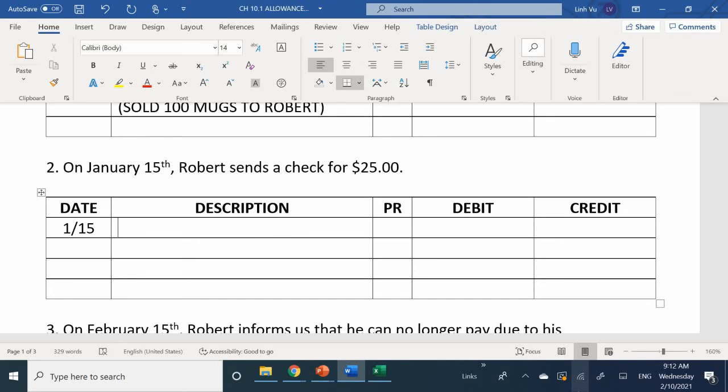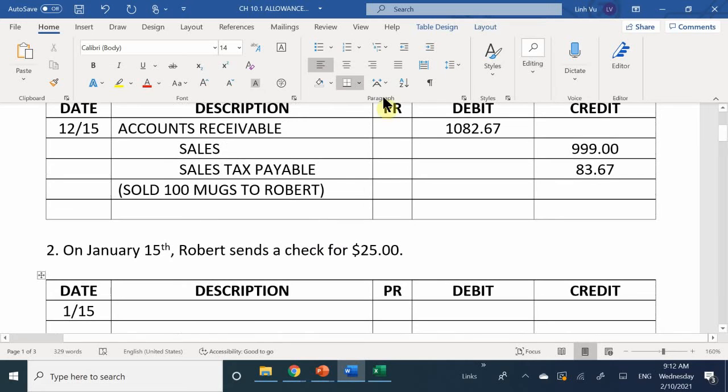No. See, he sends a check. What does that mean for $25? What is he doing? He's paying. So how do we record that he made a payment? Sales. We already journalized his sales.